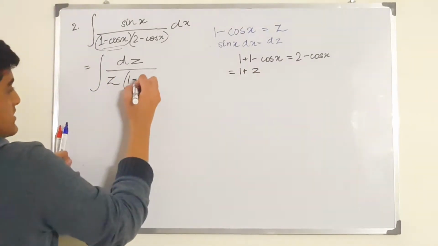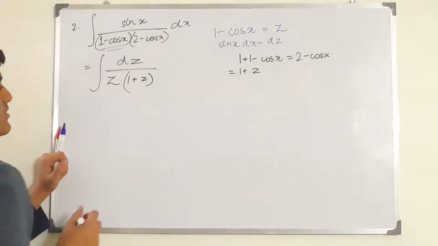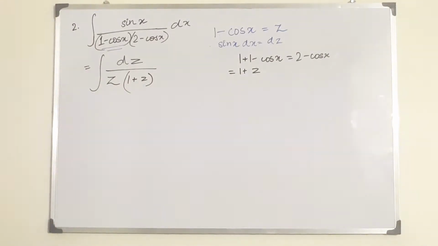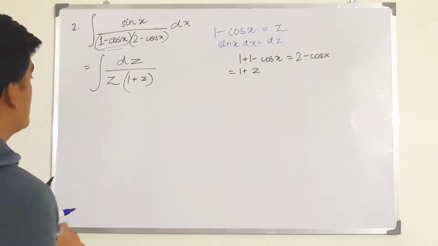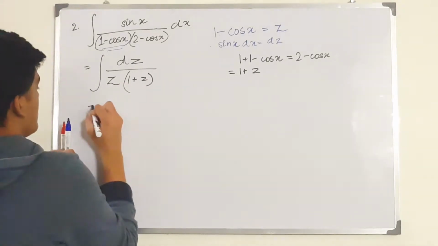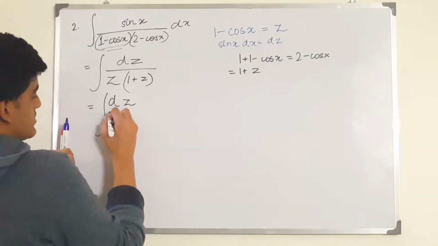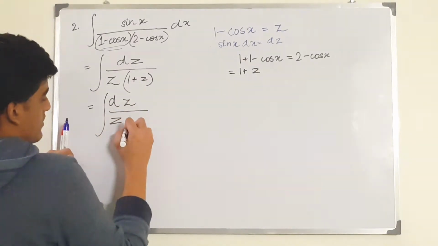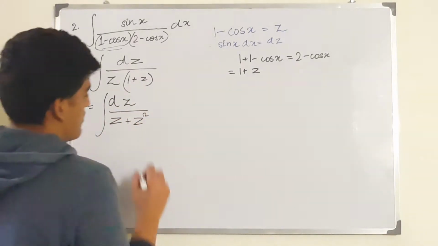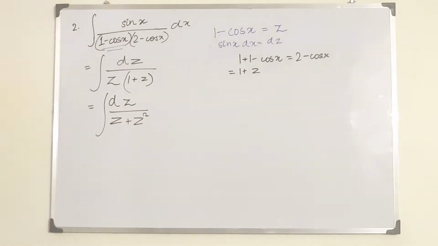So we just replace it with 1 plus z. And this is what we get, z plus z square, the denominator.